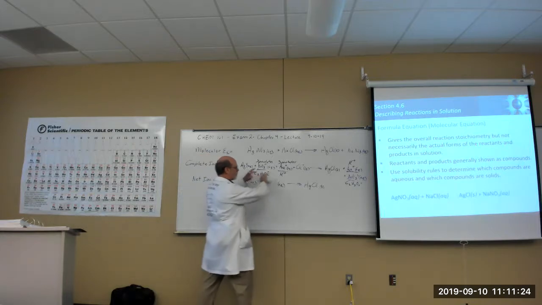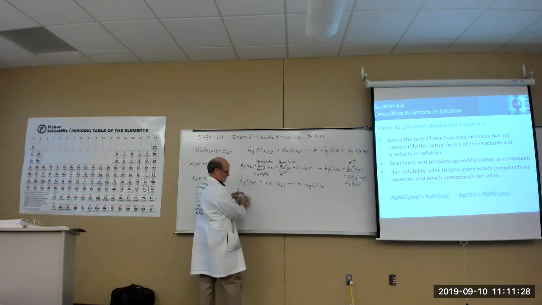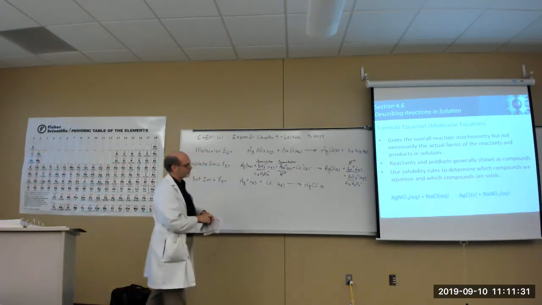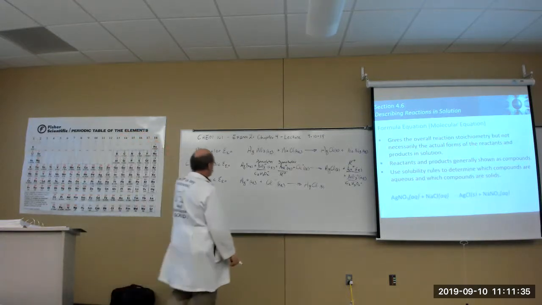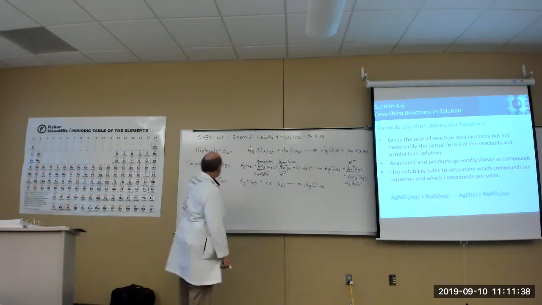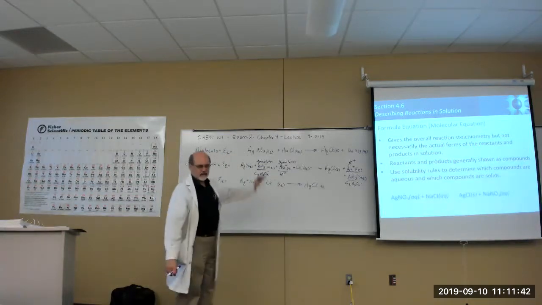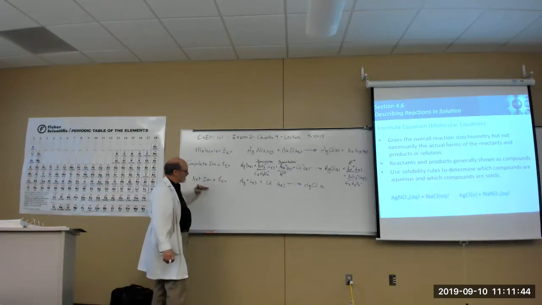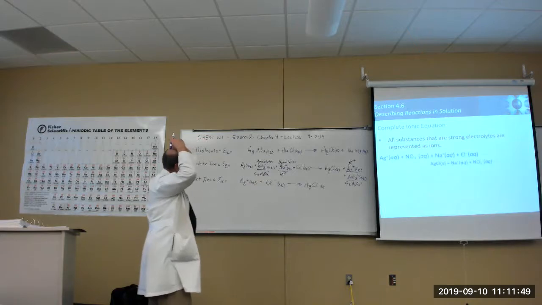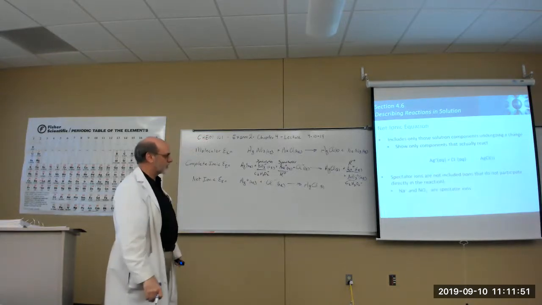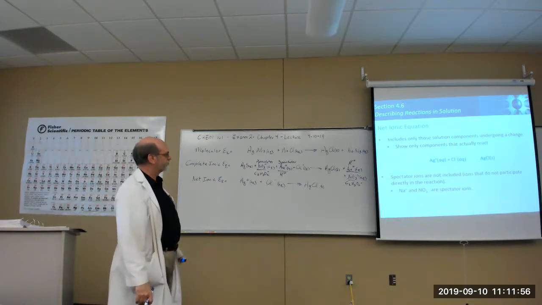It removes all the fluff and leaves you with only the meat of the problem. So you need to be able to do that. Write the molecular equation, then break it apart into its complete ionic equation, then cancel out spectator ions and give me the net ionic equation. There's your complete ionic equation. There's your net. We just remove the spectator ions.